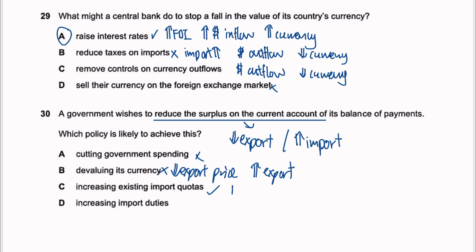Yes, correct, because when your import quotas increase, you can import more from other countries. So yes, this is the correct answer. D, increasing import duties. No, because this will increase your import price and reduce import demand. So C is the correct answer.